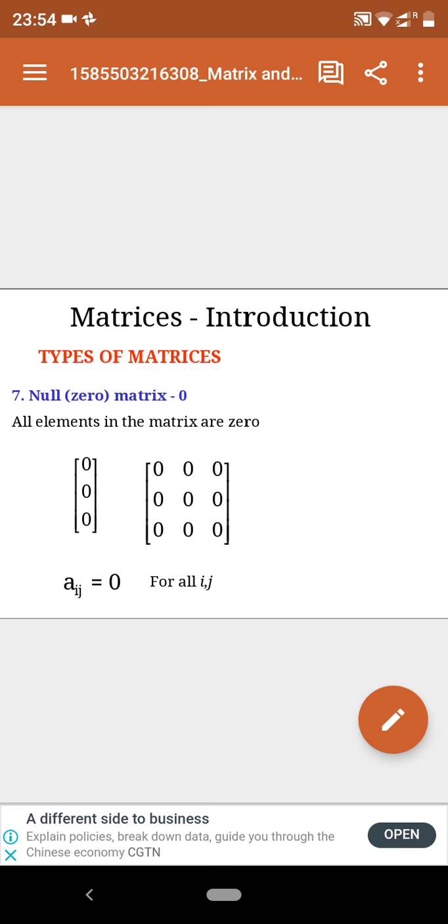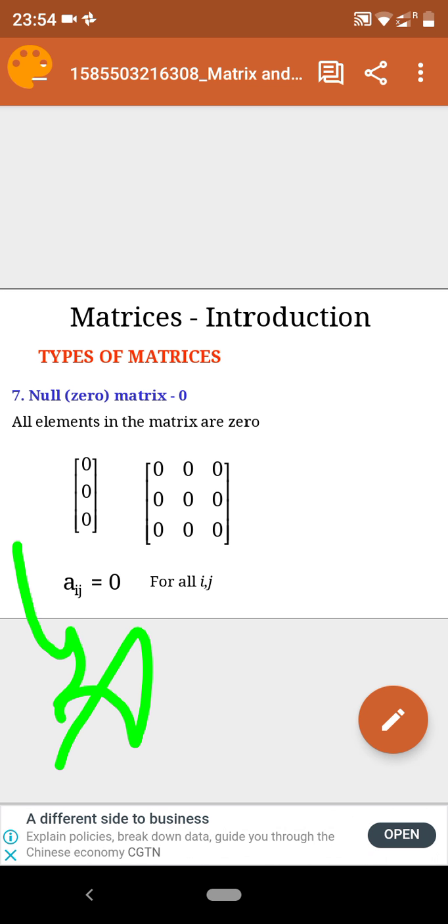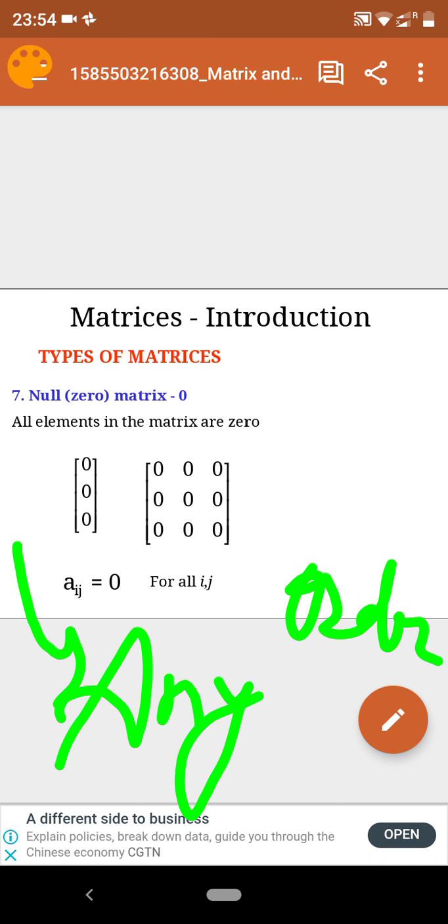One important thing that we need to understand is that it can be a matrix of any order, need not be a square matrix. We will be defining one thing more, that is the unity matrix or identity matrix, right? So the 0 matrix is actually the identity matrix under addition.